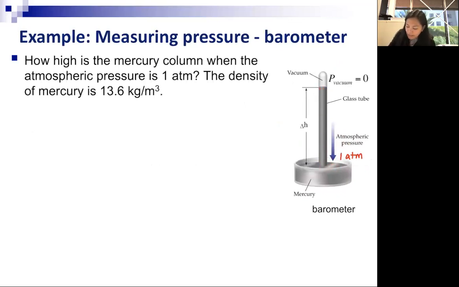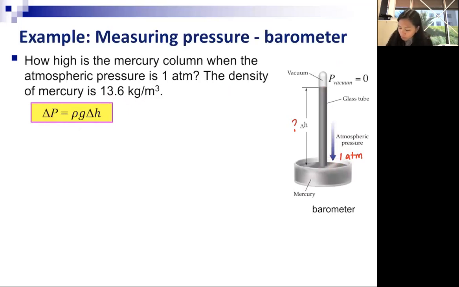We are being asked how high the mercury in the tube will rise for 1 atmosphere of pressure exerted at the surface of the mercury in the container. And the density of mercury is 13.6 kilograms per cubic meter. We know that the height will change as a result of the pressure difference.